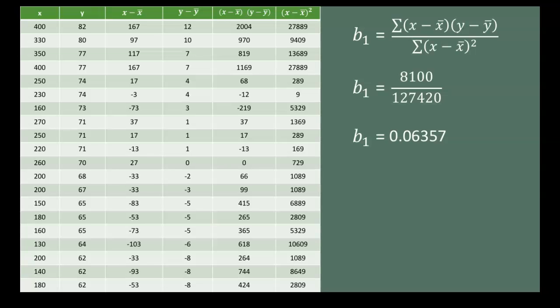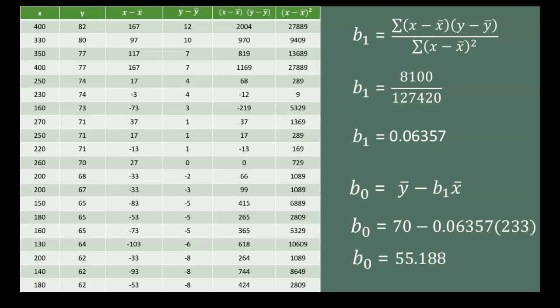So now that you have your slope, now we can find our y-intercept, our b sub 0. So our y bar that we found earlier, that was 70. Our b sub 1, we just found that. And our x bar was 233. So we fill all of those into our formula, and we will find our y-intercept, our b sub 0, to be 55.188.